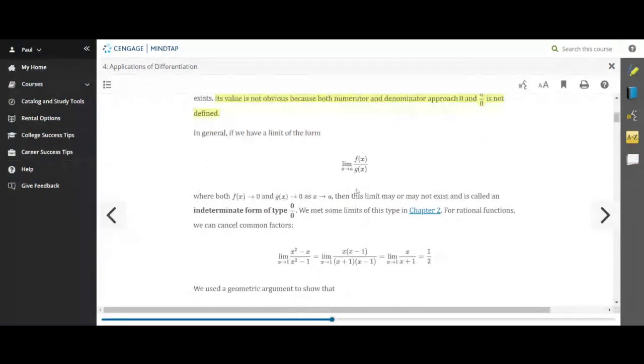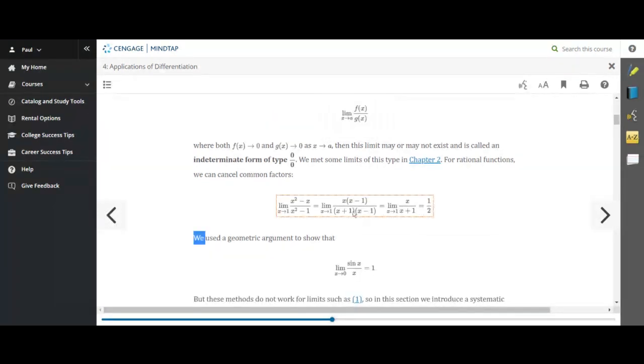Okay, so they mention in general, if you have the limit of a ratio of function f over function g as x approaches a, and both those functions approach 0 as x approaches a, then the limit may exist, it may not exist. You have what's called an indeterminate form. Now you've seen indeterminate forms a little bit.